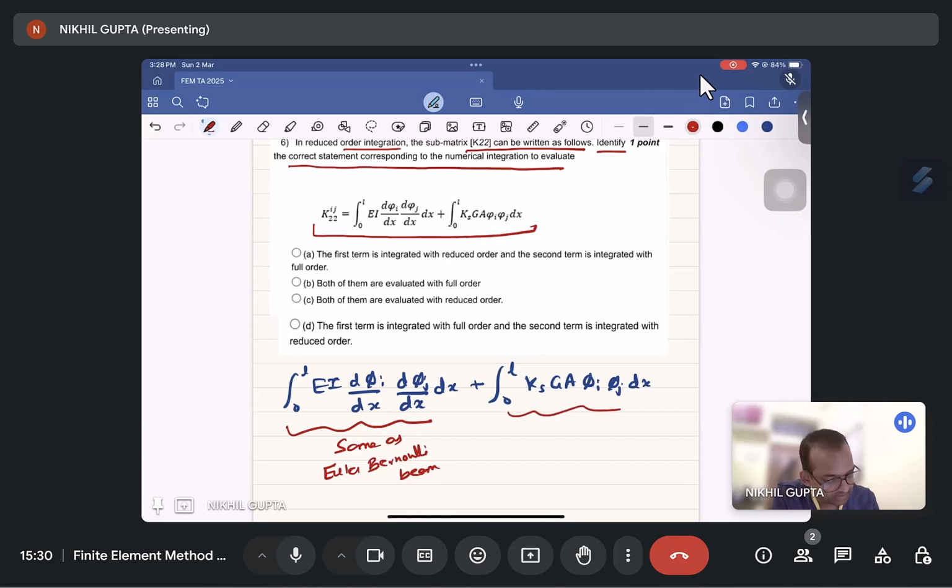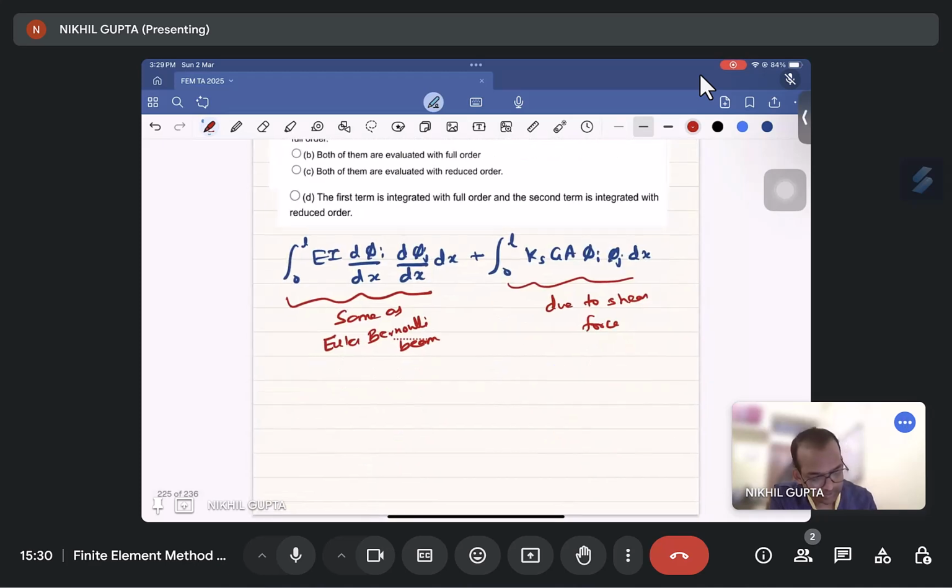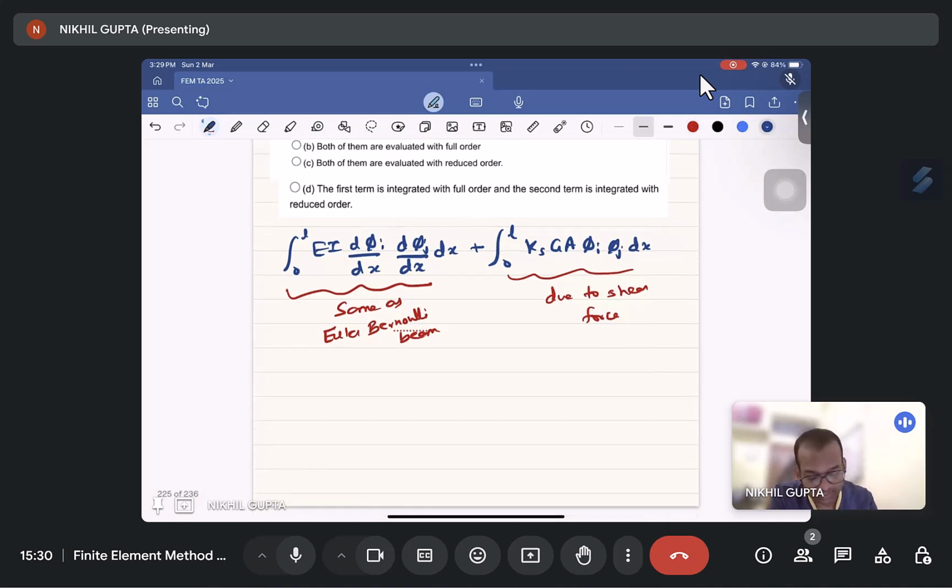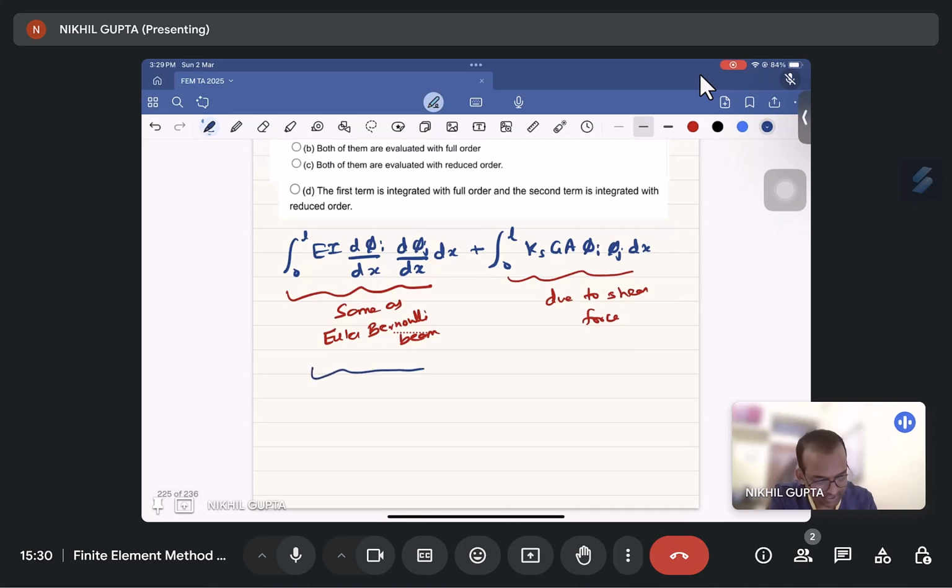And this term is coming due to shear, which is the main difference between the Timoshenko beam theory and the Euler beam theory. In theory, you must remember that it has been discussed that for this integration we use full integration, and for this we use reduced integration.